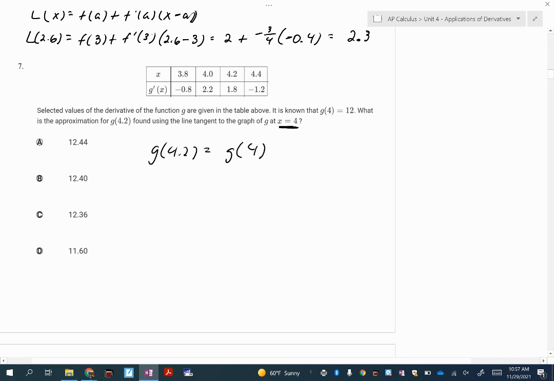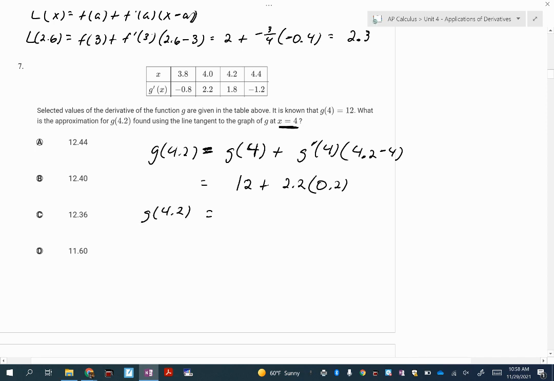We're using x equals 4 for our tangent line here, the point at which the line is tangent to the graph, plus g prime of 4 times 4.2 minus 4. We know g of 4 is 12. g prime of 4 is 2.2, and that's going to be times 0.2.